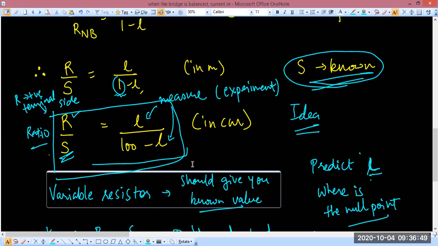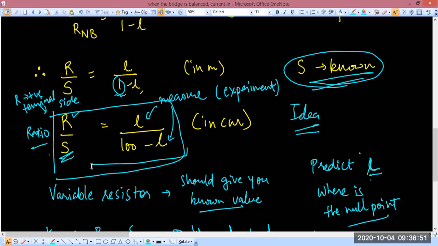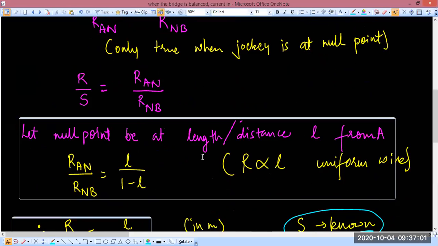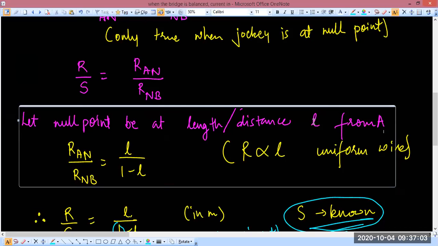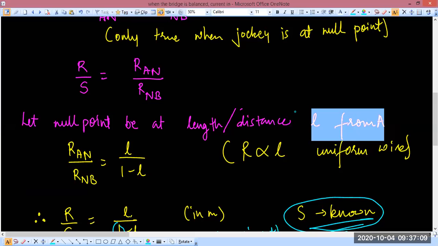If you want to use this formula R upon S equal to L upon 100 minus L, then you should connect R on the positive side, because we measured L from A. Have a look here, read this. Because we measured L from A, that's why you should connect R on the positive side.